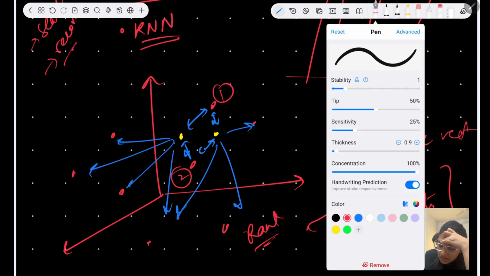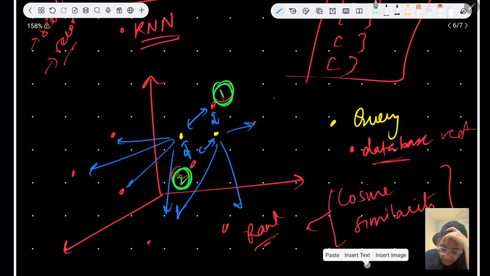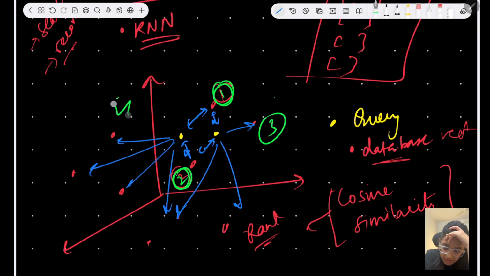Okay, and I think the ranking would go something like this would be 1, this would be 2, then this could be 3, let's say this could be 4, this could be 5, and stuff like this. So I have to give the top 5, I'll convert them back into words and I'll return them.